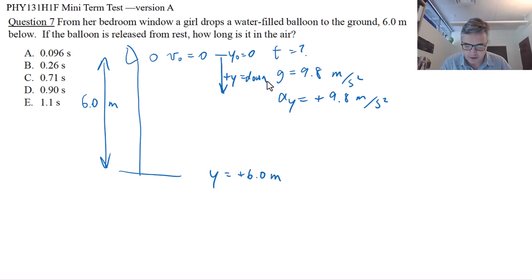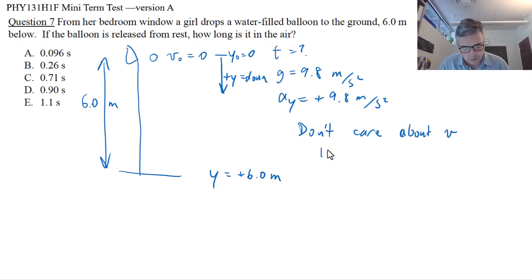If plus y is up, then you just get negative acceleration and negative distance. And again, what do we not care about? It seems that we don't care about the final velocity just before it hits the ground. I guess it's going to stop when it hits the ground, but just before it hits the ground, we don't care about v final.